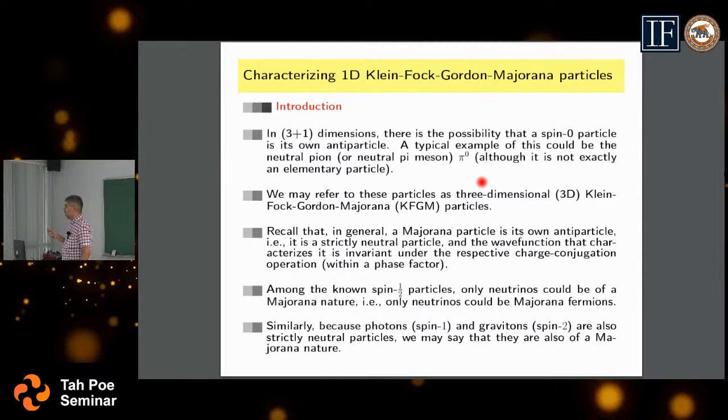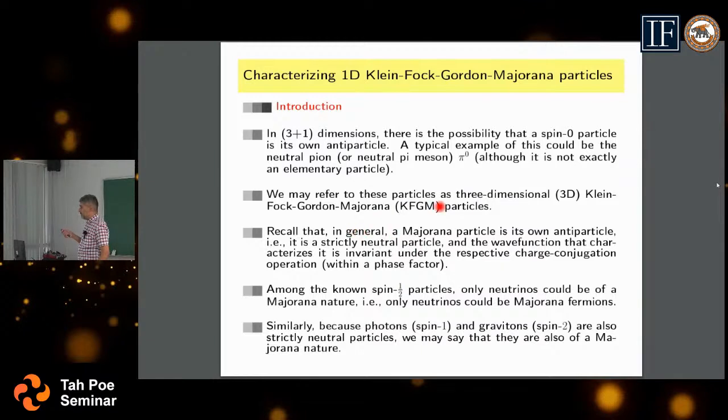The antiparticle of the neutral pion is the same particle. I know this is not an elementary particle because the neutral pion is a hadron, also a meson, so it's made up of quarks. But it's a fact. So you have that possibility.